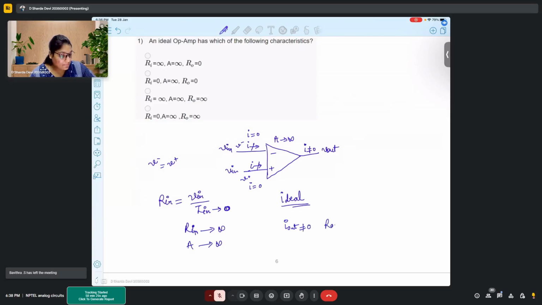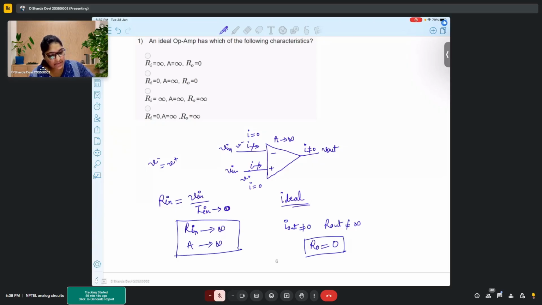So can Rout be infinity? Is it possible? No. It can never be possible, right? So in the ideal case, what we consider is Rout equal to 0.